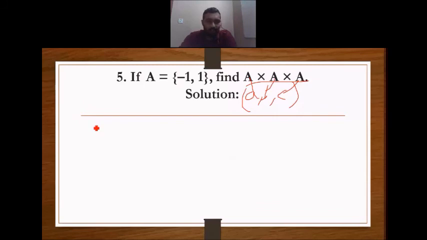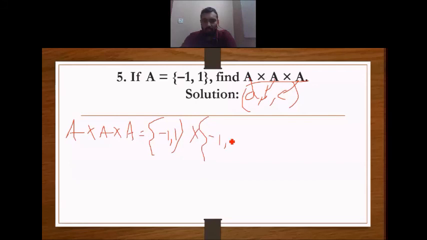So A cross A cross A is nothing but the ordered triplets of {-1, 1} cross {-1, 1} cross {-1, 1}. When you take the ordered triplets, the first element you take from the first set, the second from the second set, and the third from the third set.